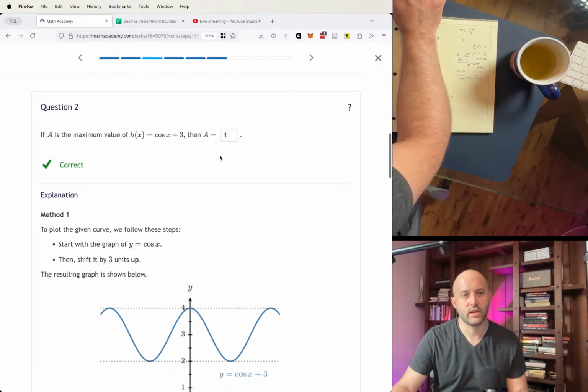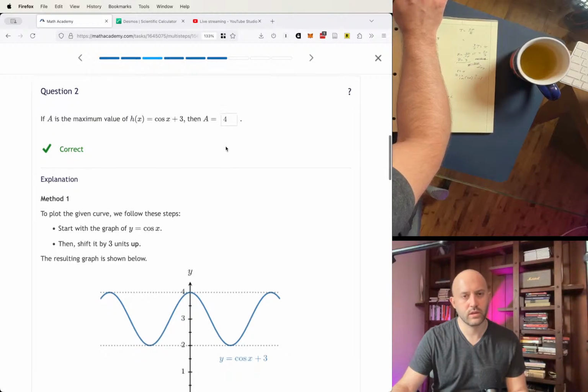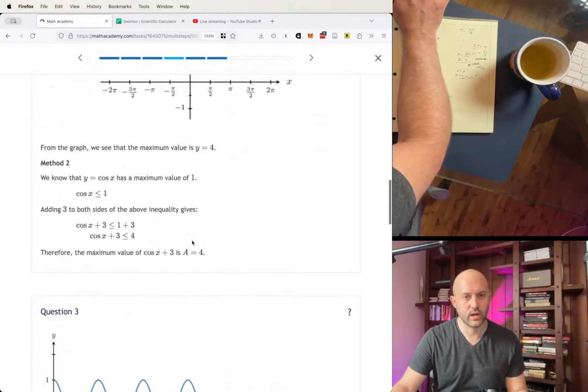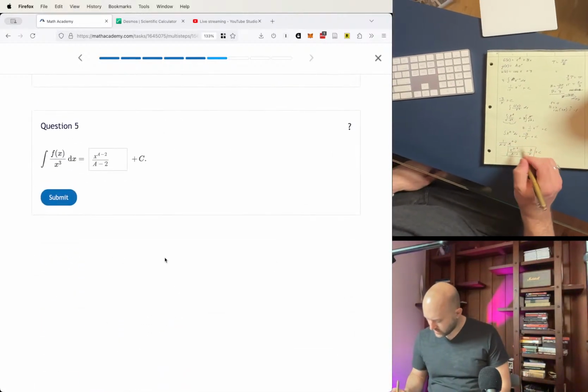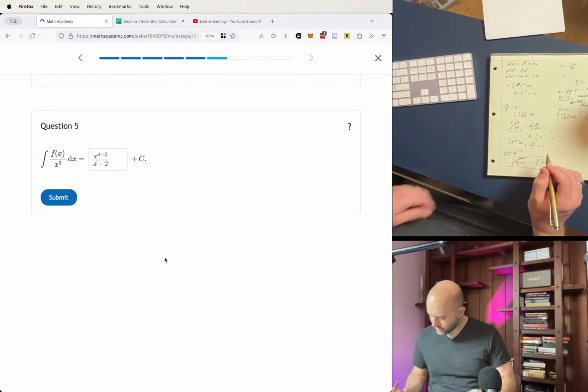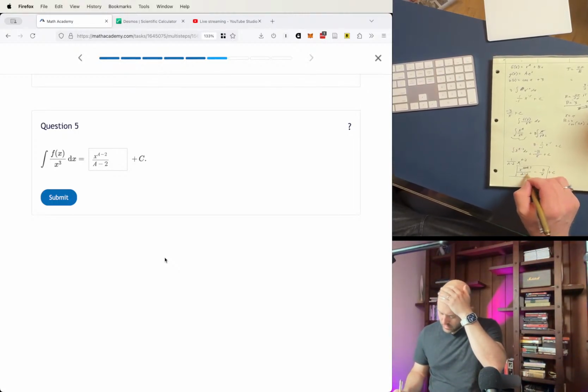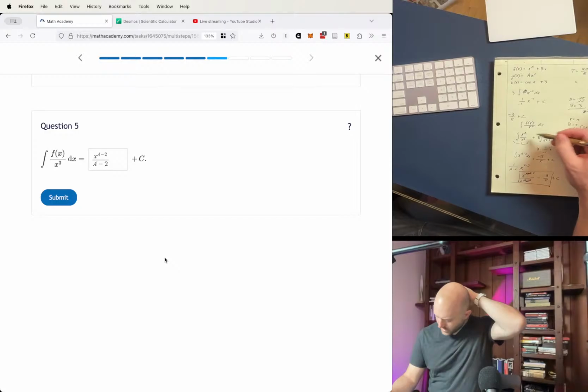If a is this, then a is that. So I'm going to assume that if a is the maximum value, then a equals 4 is actually the case, in which case we know what a is. So a is 4. So instead of a minus 2, we just say 2 and 2.